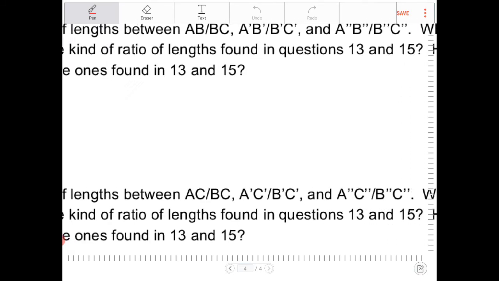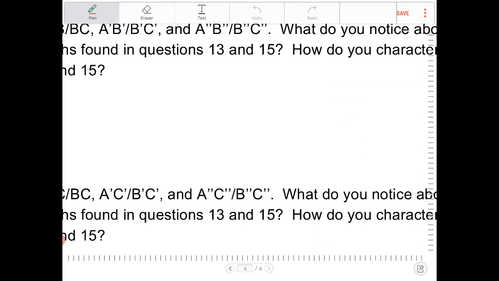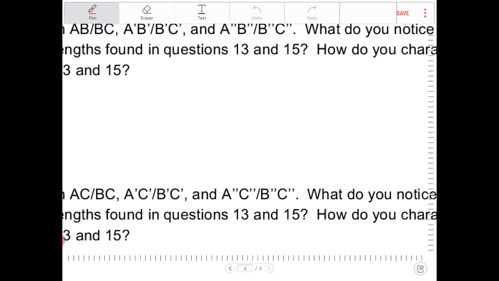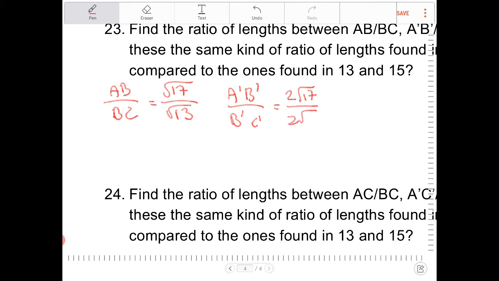Find a ratio of lengths between AB, BC. So basically the same question, but this time I'm asking for a different ratio here. AB to BC, this was square root of 17 over square root of 13. A prime B prime to B prime C prime. This is 2 square root of 17 over 2 square root of 13.